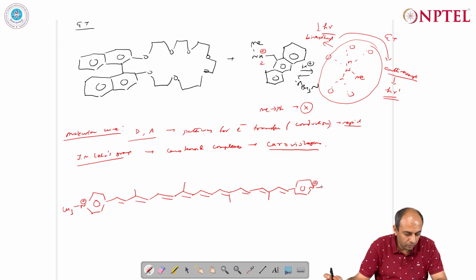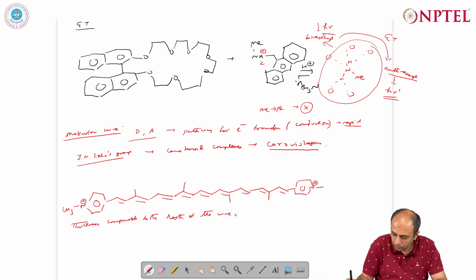And the thickness is comparable to the length of the wire. So this particular carotenoviologen has been formed.